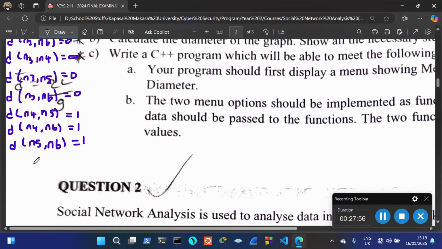So the diameter is given by this formula. Let me just pause and write it. The diameter is equal to max d(i, j), where d stands for geodesic distance. So the diameter is equal to the max geodesic distance.